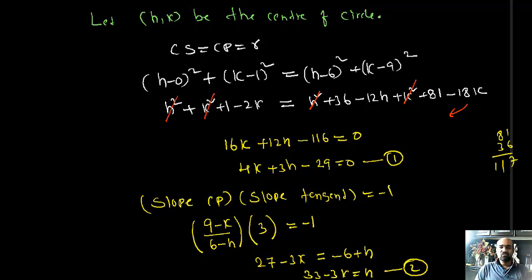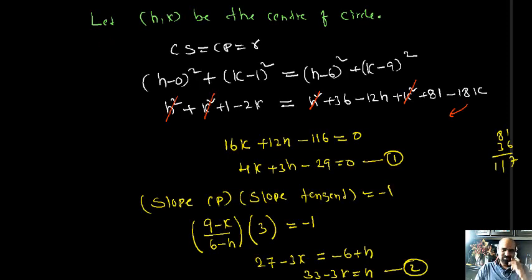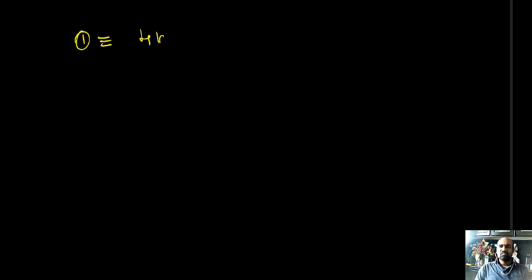From 1 and 2, I want to find the values of h and k. I will substitute the h value in equation number 1. So number 1 becomes 4k as it is, plus 3 into h, 3 times (33 minus 3k), minus 29 equal to 0.